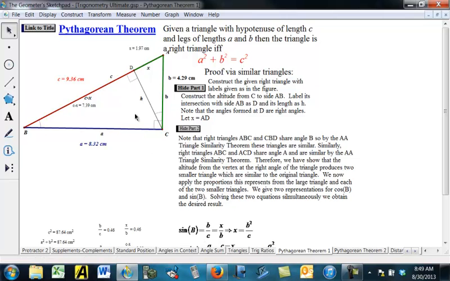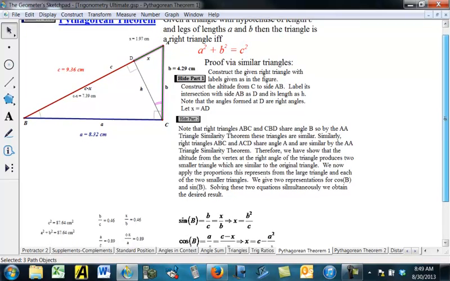This is the angle here that has angle B. So now opposite is this side x, and the hypotenuse now is side B. So side B was the opposite side from the big triangle, but it's the hypotenuse from the little. So that's x over b. Now I'm going to solve this for x by multiplying both sides by b, and we get x equals b squared over c. So these two fractions equal each other. That's called a proportion.